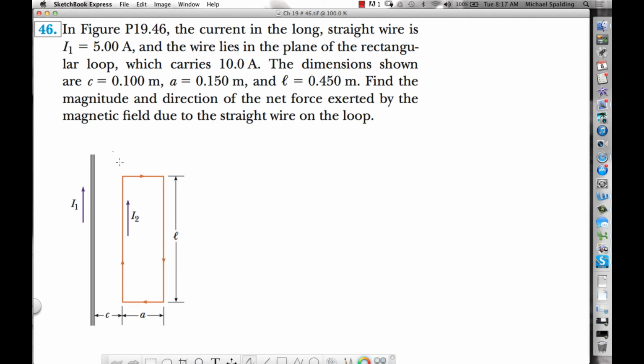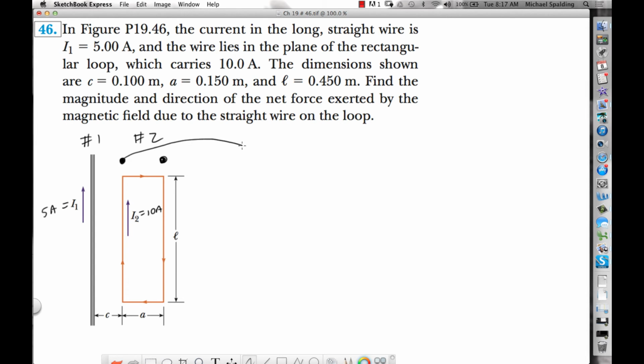This is wire number 1, this is wire number 2, current 1 is 5 amps, current 2 is 10 amps. What we need to do is find the magnetic field strength here and here.